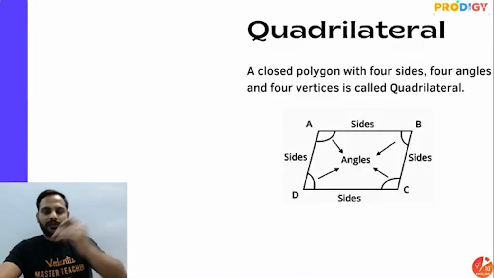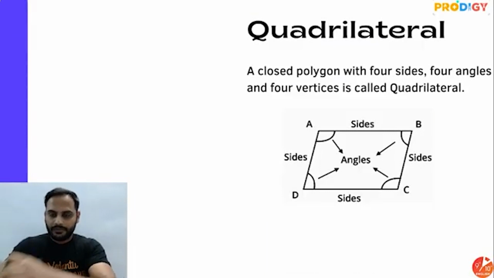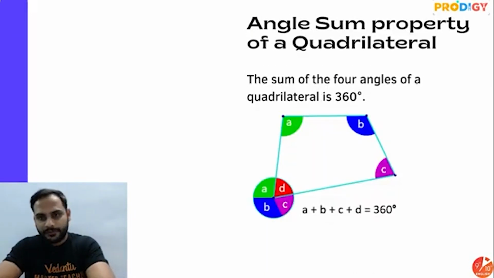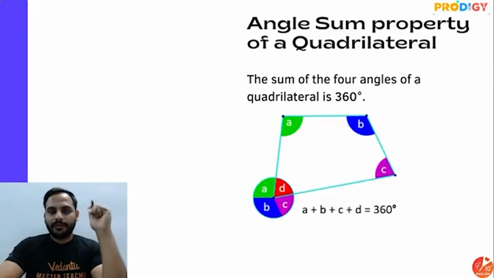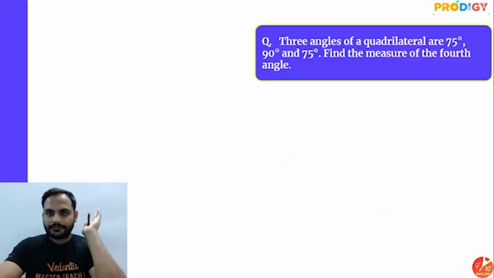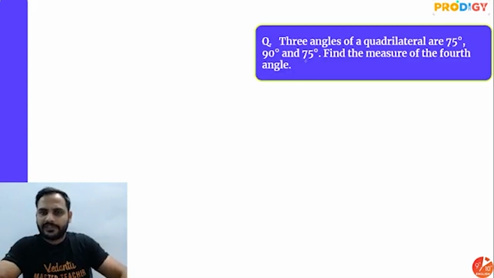So as we all have learned already in the one shot, in the previous sessions, quadrilateral is a four-sided polygon, and then there is the angle sum property. Sum of all the four angles is equal to what? 360 degrees. Now for example, the questions are of the type: three angles of a quadrilateral are 75, 90 and 75. Find the measure of the fourth angle.